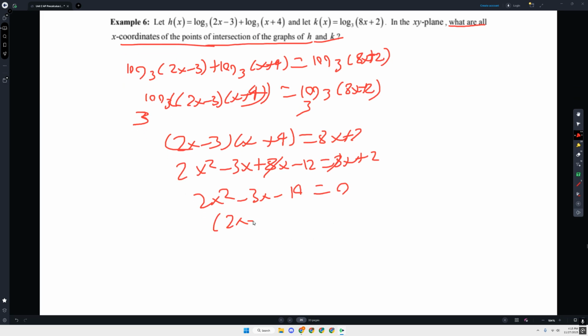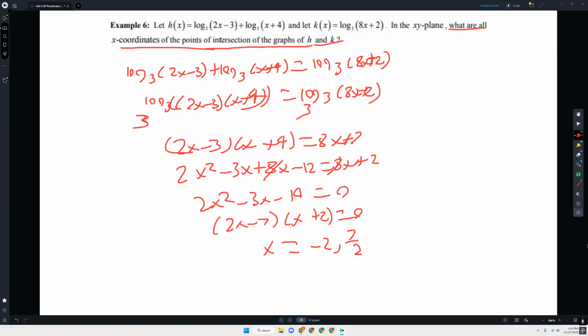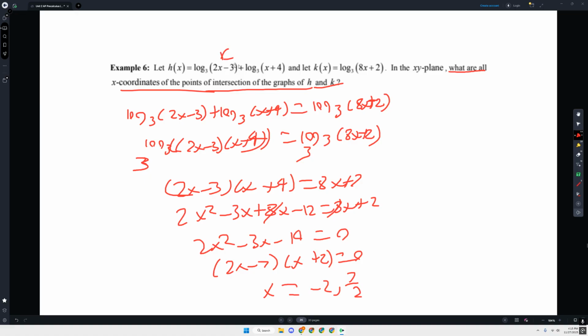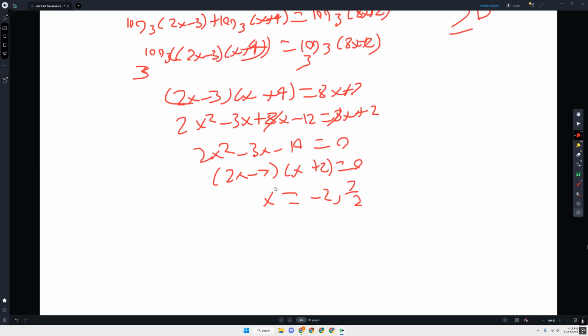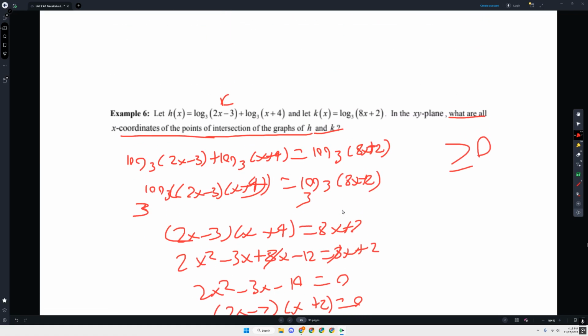You can factor that to 2x minus 7 times x plus 2 is equal to 0. And that means x is equal to negative 2 and 7 over 2. And if we plug in negative 2, we would get a negative solution here, which isn't allowed because our domain is always greater than 0. So that means x equals 7/2 is our only solution.